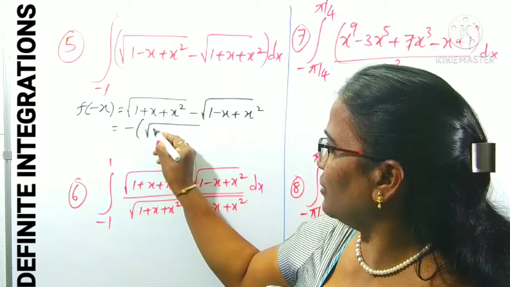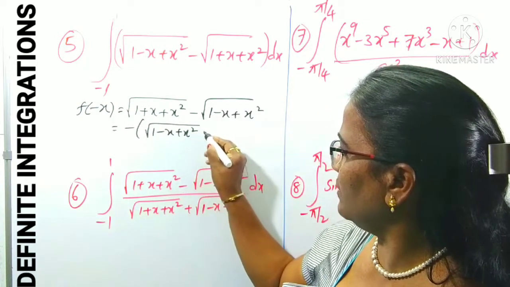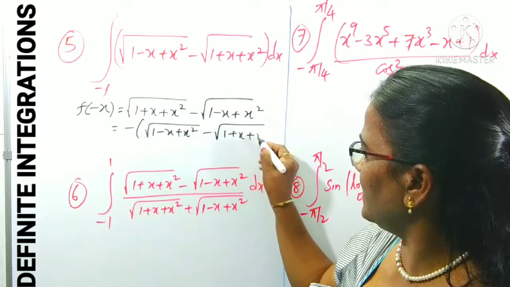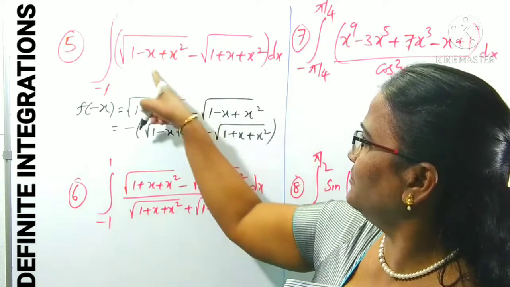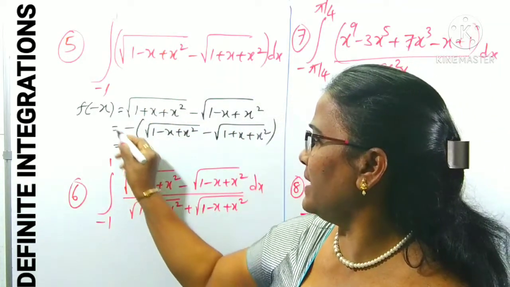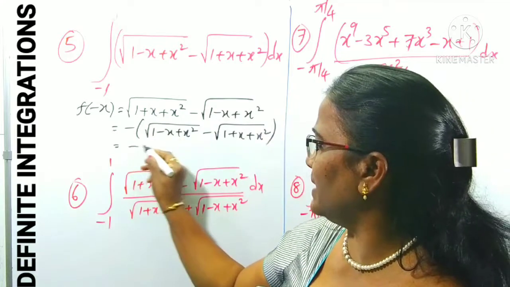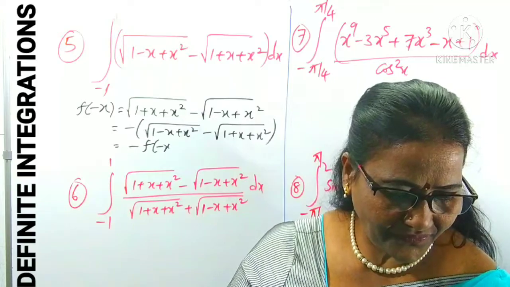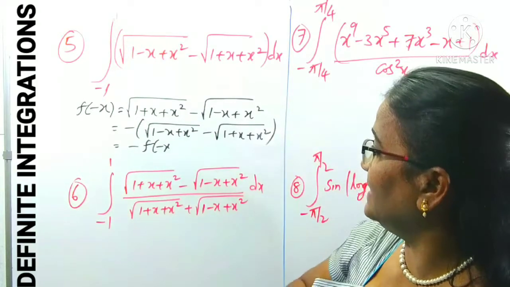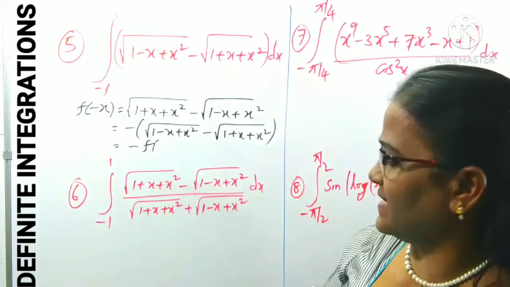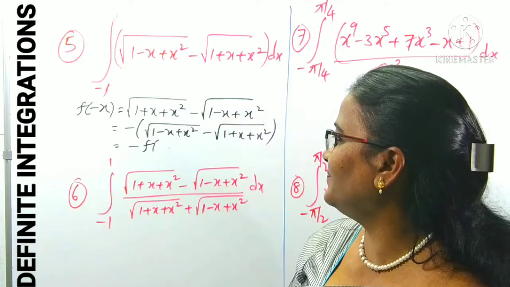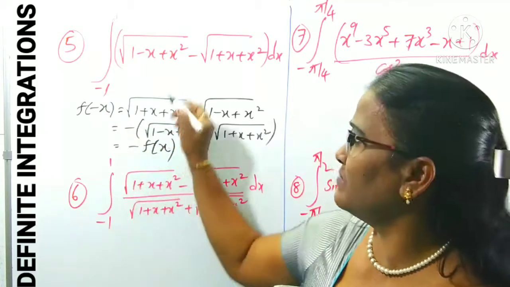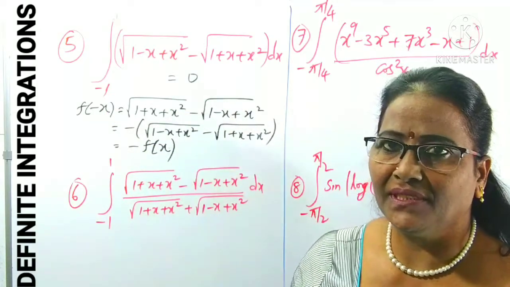It is in the form of 1 minus x plus x square now with minus, minus root over 1 plus x square. We got the same function. Therefore, f of minus x is minus f of x. Right. F of minus x is minus f of x means 100%, this is 0.